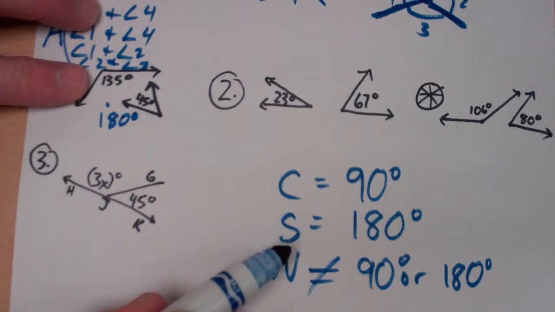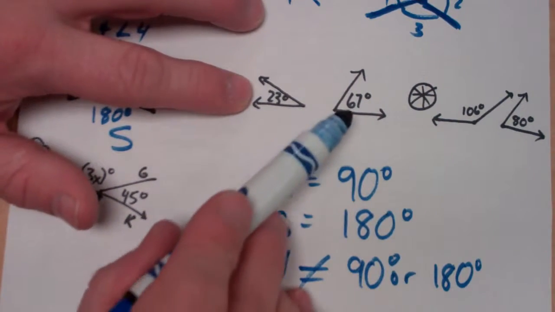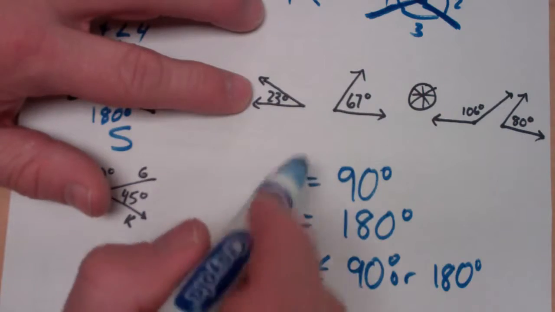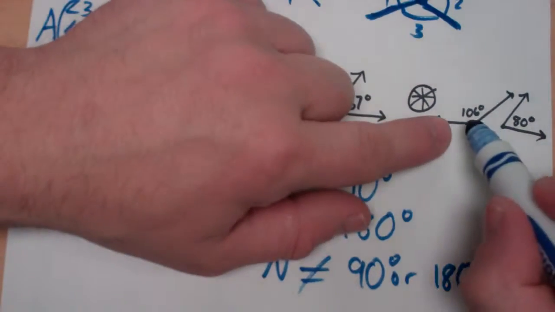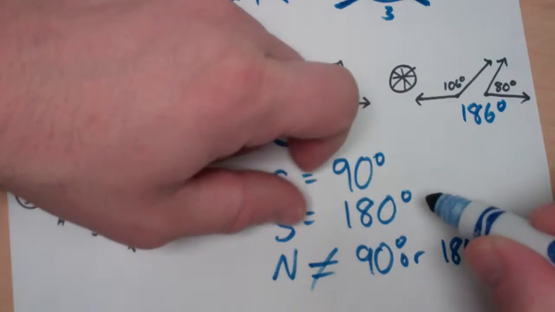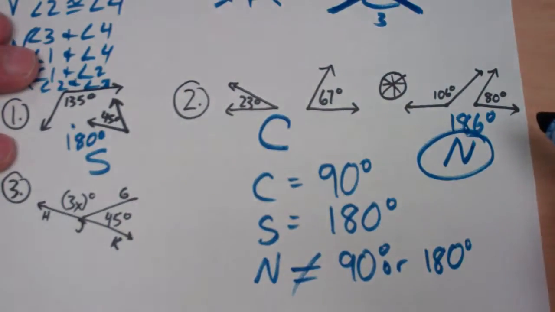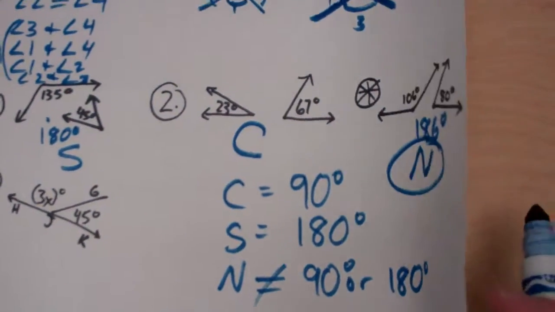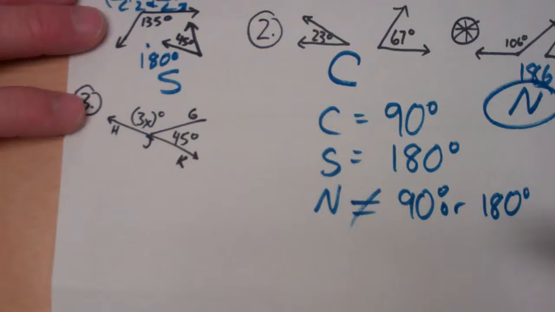So those are supplementary. 23 and 67, when I add those, I get 90. So those are complementary. I gave you one bonus one here. 106 plus 80 is 186. That is not 180 or 90, so those are neither complementary nor supplementary.